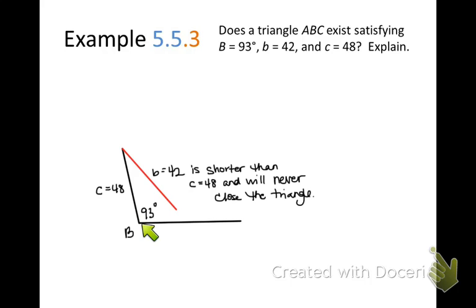Why do you know that there can't be an angle bigger than B? Because it's obtuse, right? And you can only have one obtuse angle in a triangle. So both of these other angles would have to be acute. They definitely would have to be smaller than B. And yes, the largest side would have to be across from that. 42 is not the biggest side. So that would also be a good explanation. I'm going to stop here today. We'll pick up tomorrow on the rest of that.